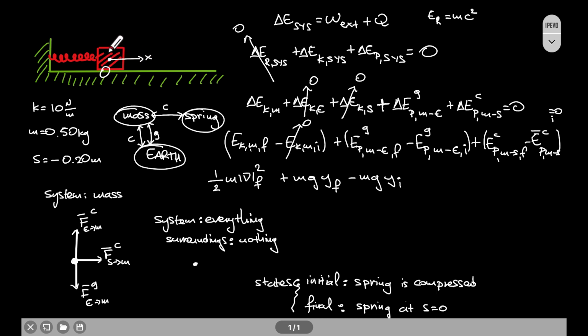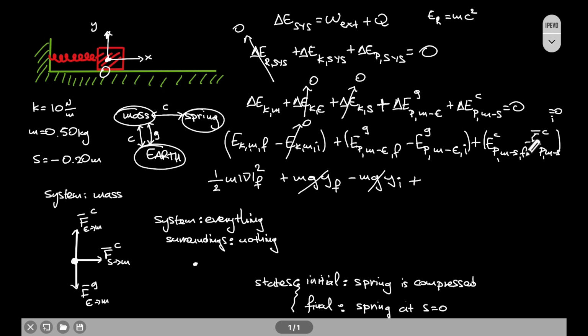This is my x, and that's the y. Okay, that's my coordinate system, and the origin is at the location of the mass in the initial state. As I was saying before, the y initial and y final of the mass are the same because the mass is just moving left and right. Even if I don't know what y initial and y final are, I do know that they are the same, which means they're gonna cancel out, which is great. I have fewer terms to think about.